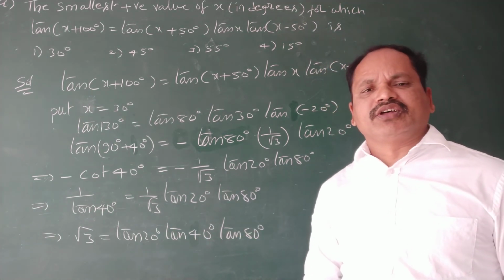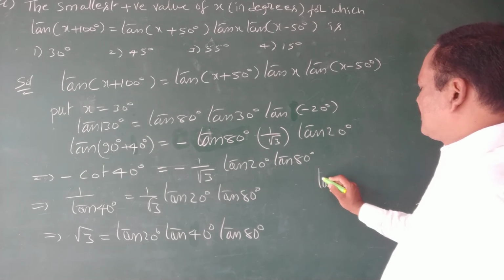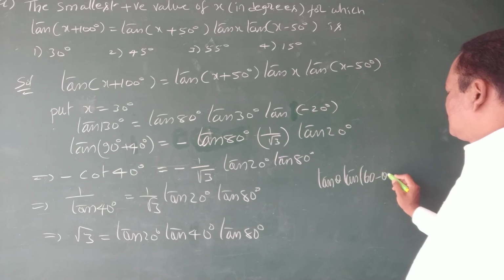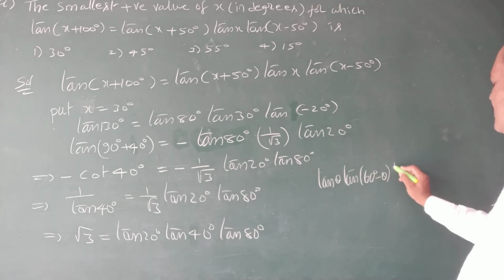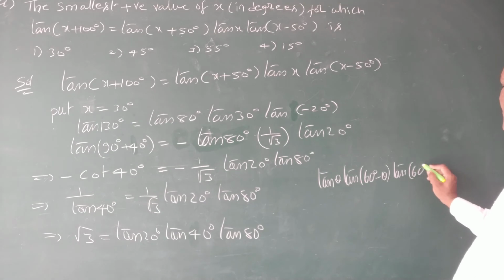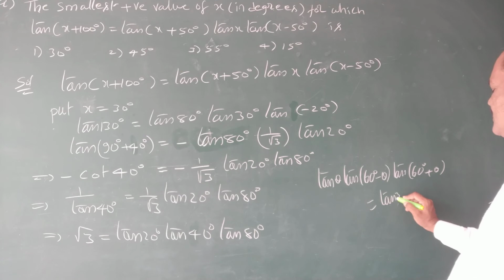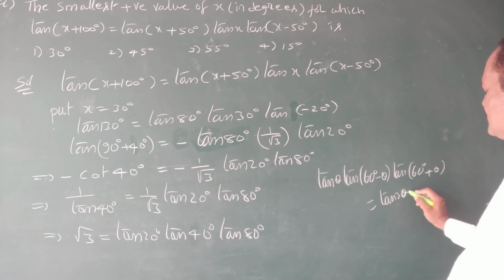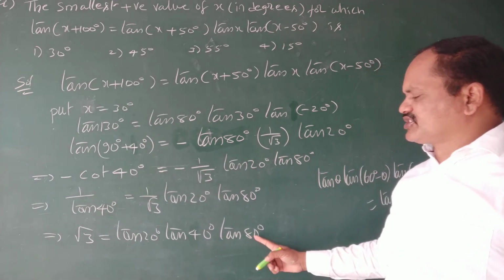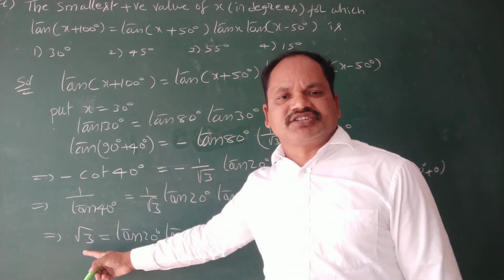Actually, we know the formula: tan θ tan(60 − θ) tan(60 + θ) is equal to tan 3θ. That's why tan 20 tan(60 − 20) tan(60 + 20) is tan(3 into 20), that is tan 60. Tan 60 is root 3.